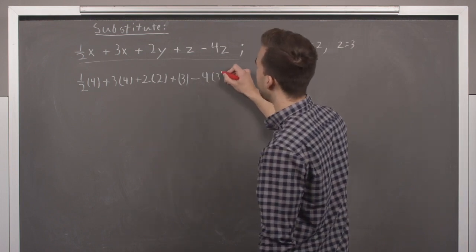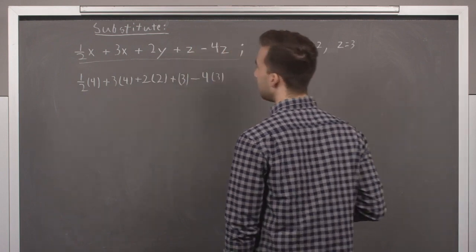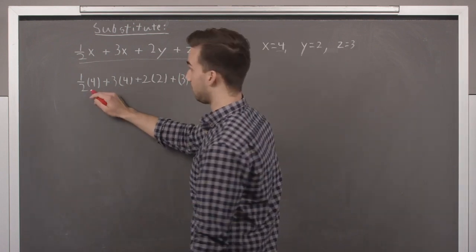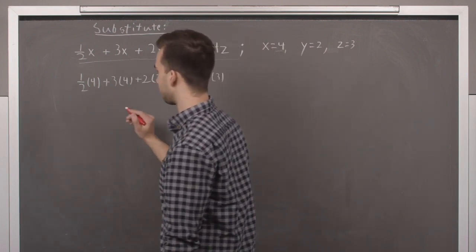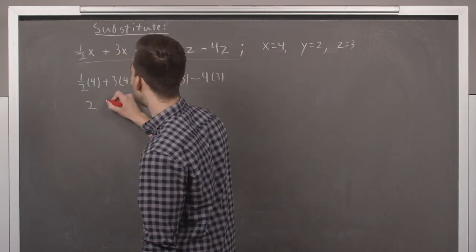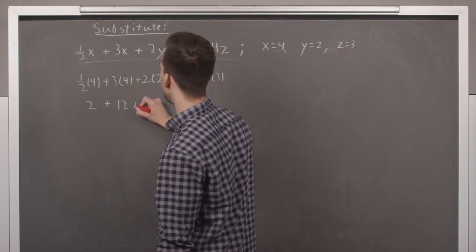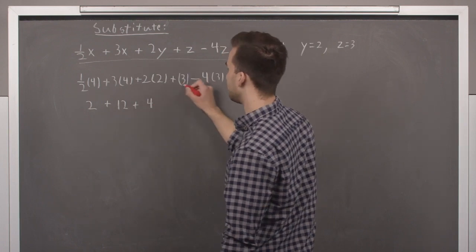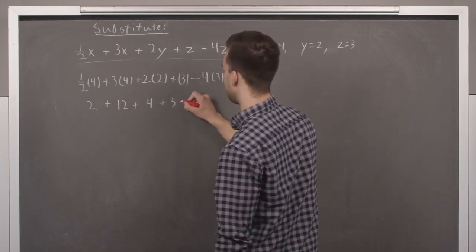And so now that we've substituted all of the variables, we can just go ahead and keep simplifying this. So let's do all these little individual multiplication problems first. 1/2 times 4 is 2, plus 3 times 4 is 12, plus 2 times 2 is 4, plus 3, minus 4 times 3 is 12.